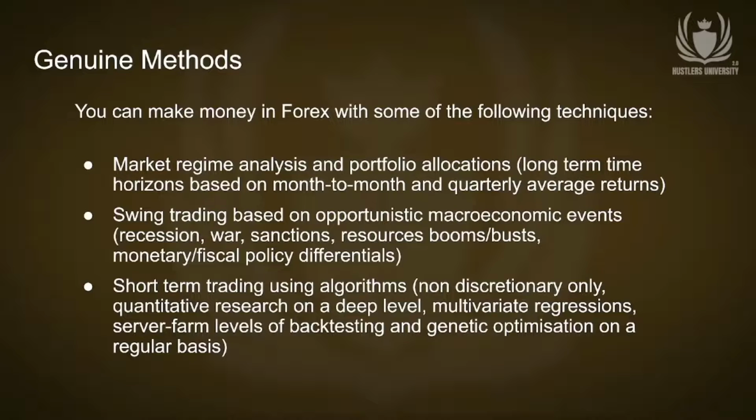With that being said, let's have a quick think about some genuine methods, being realistic here, ways that you can make money in Forex, and some of these ways that I have seen them done. You can use market regime analysis with portfolio allocations. So this is more of a long-term time horizon based method on a month-to-month and quarterly average return basis.